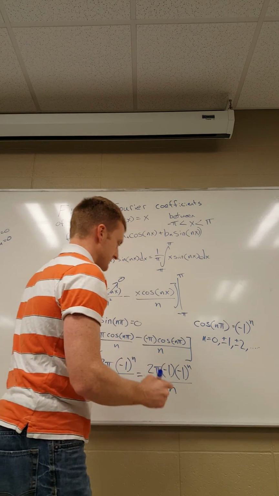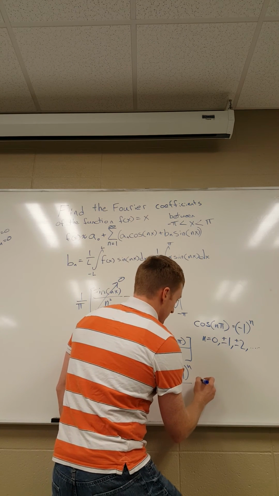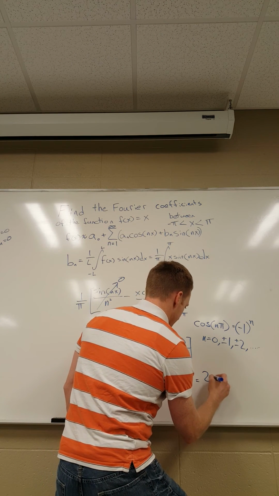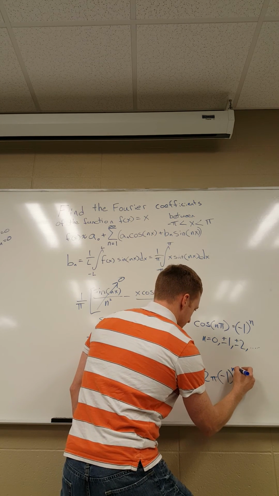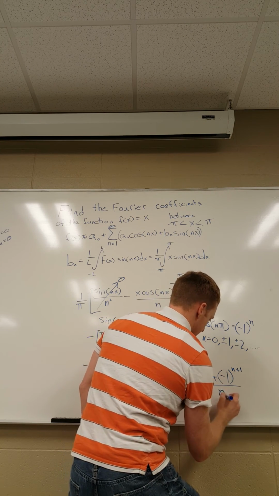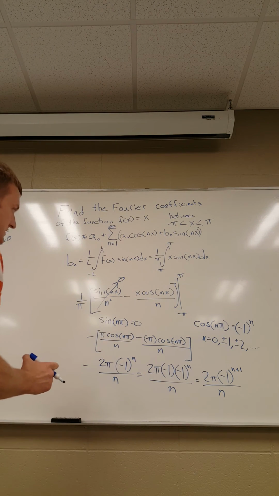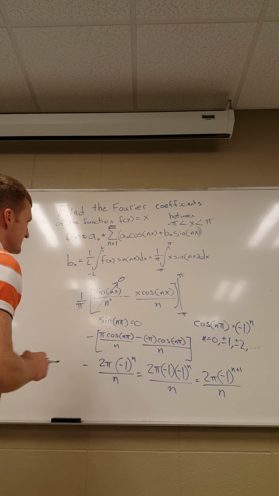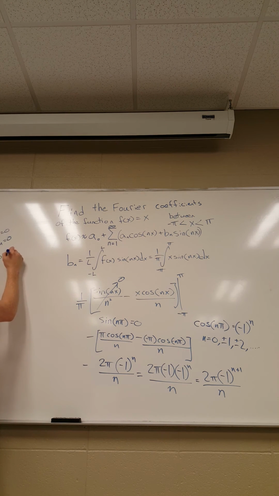Well, you have two negative 1s, so you can just add 1 to the n power, which would make it 2 pi negative 1 to the n plus 1 all over n. So b sub n actually has a value to it. When we rewrite this, b sub n is equal to 2 pi negative 1 raised to the n plus 1 all over n.